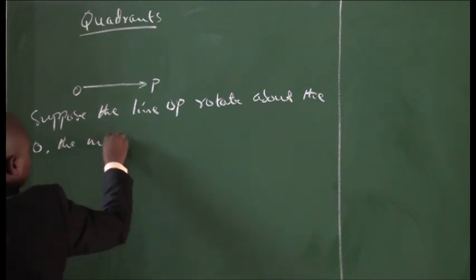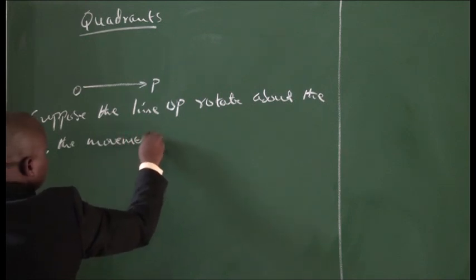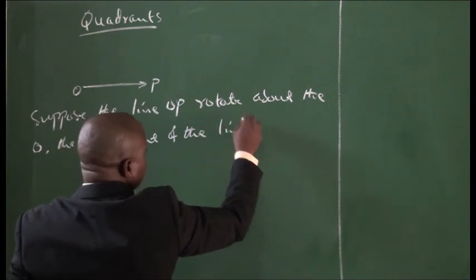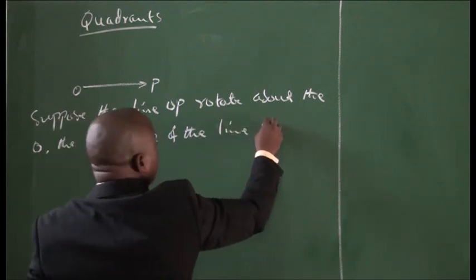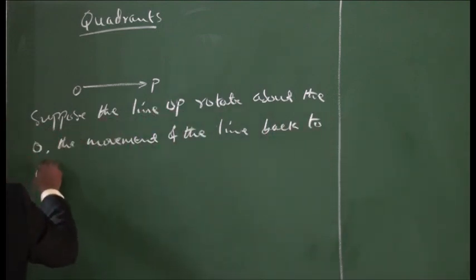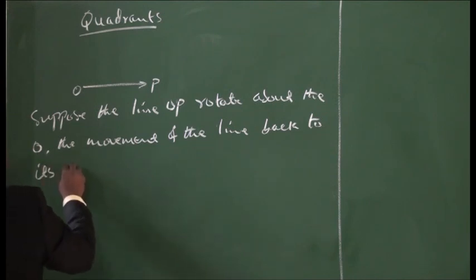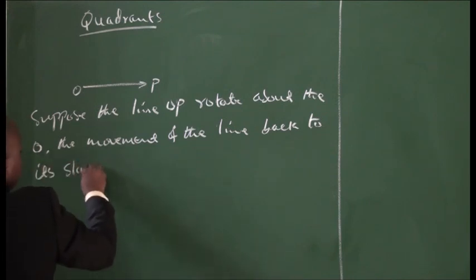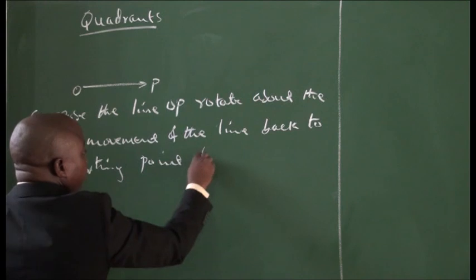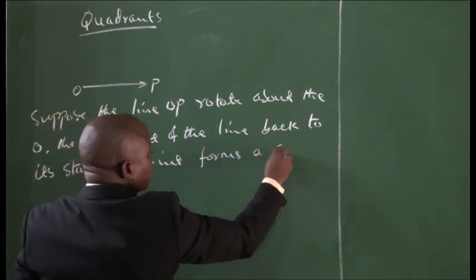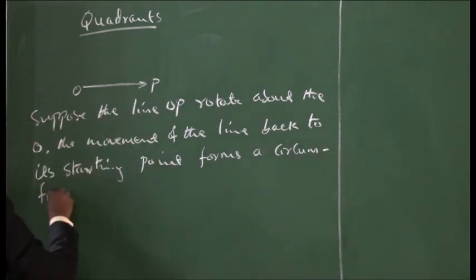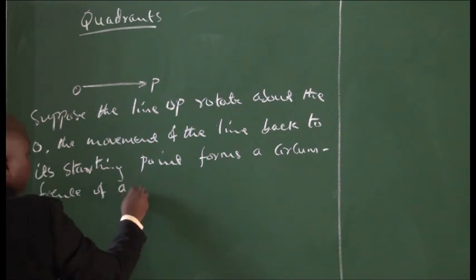The movement of the line back to its starting point from a circumference of a circle.